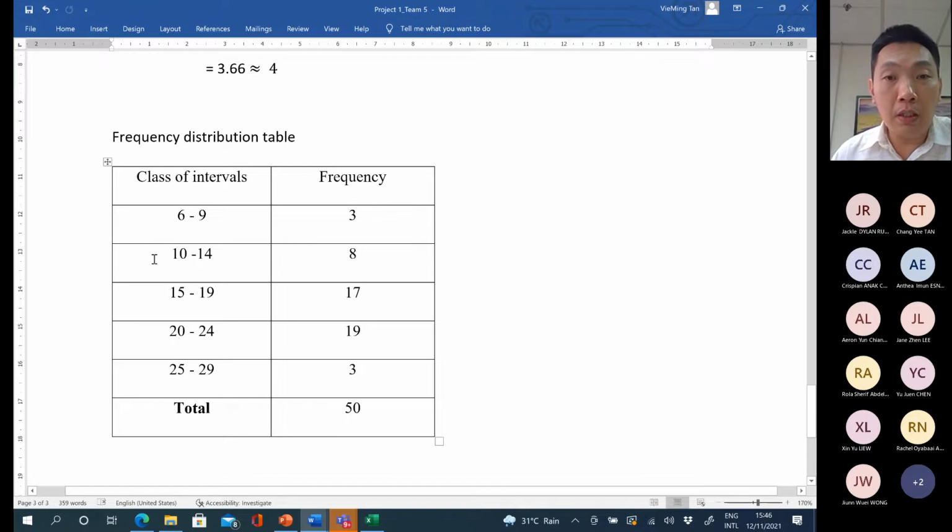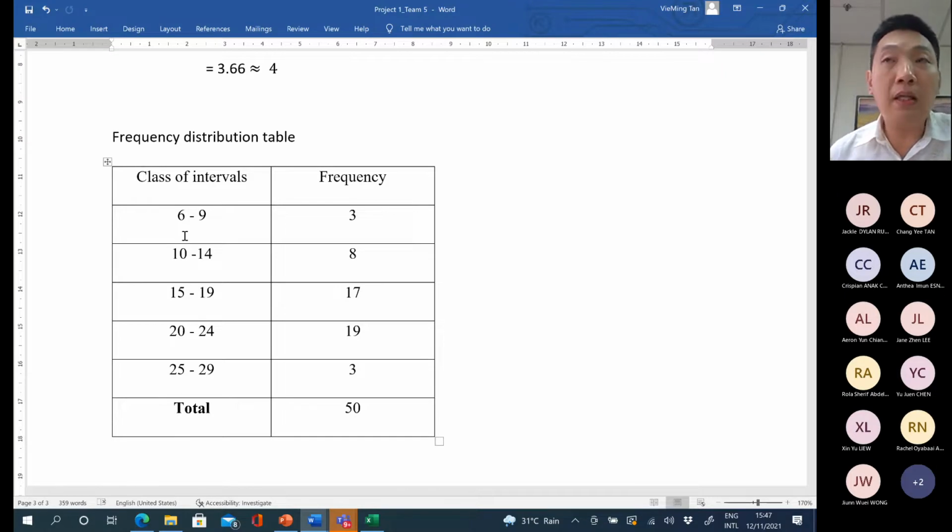Make sure that your classes are provided in interval form, but not with single score. Single score means one class has only one number. If you do not fulfill the class interval requirement, you can only get 3.5 out of 5 for this table.